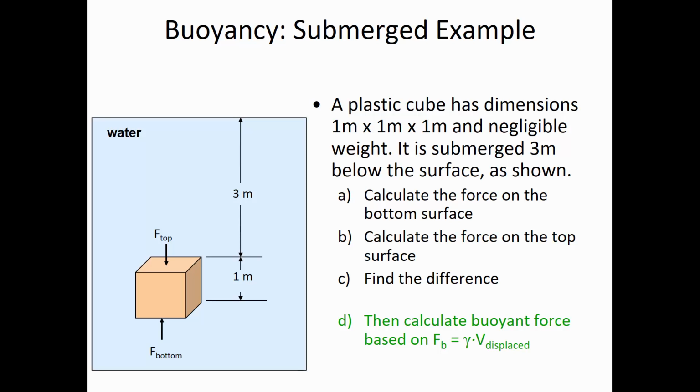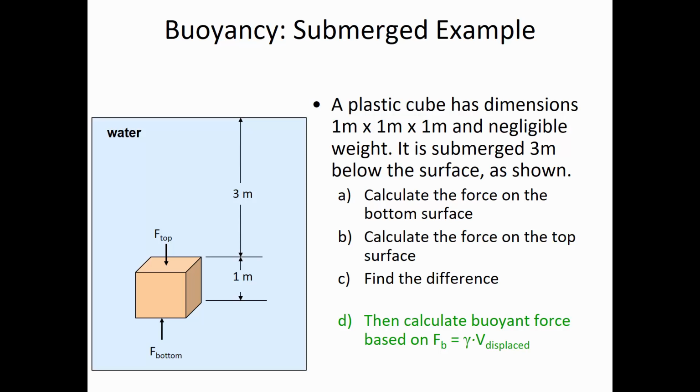And the pressure that we have to consider is going to be at a depth of 4 meters because it's 3 meters from the water surface down to the top edge and then another 1 meter down to the bottom edge. So delta H times gamma times the area, and the delta H is 4 meters.